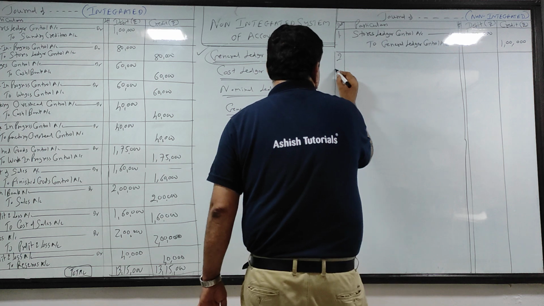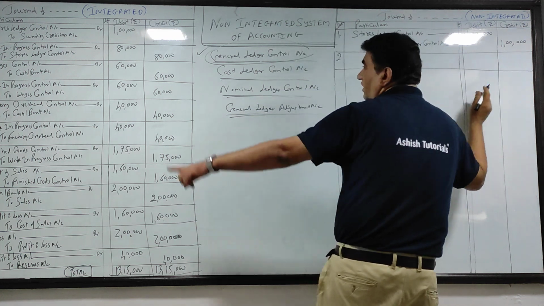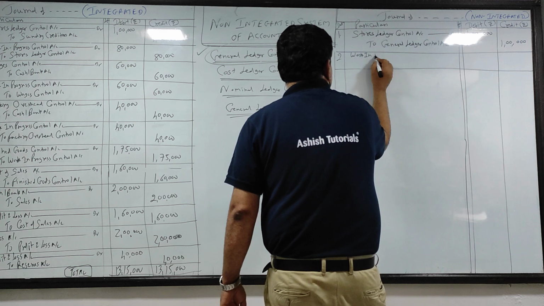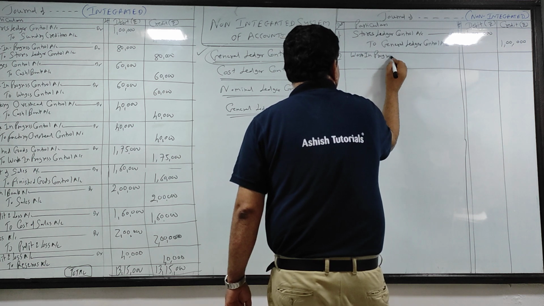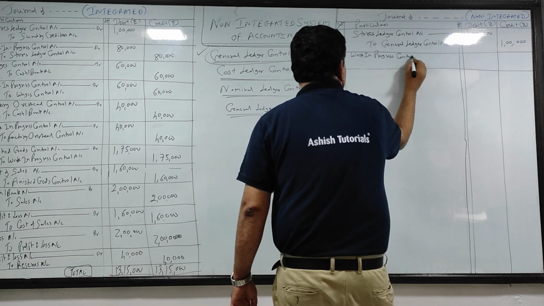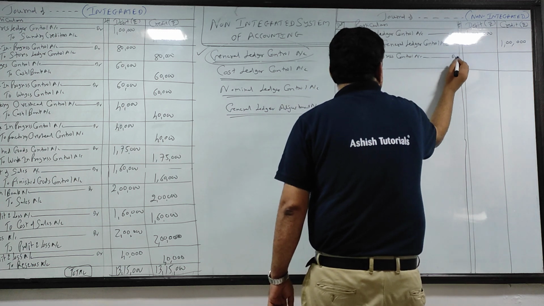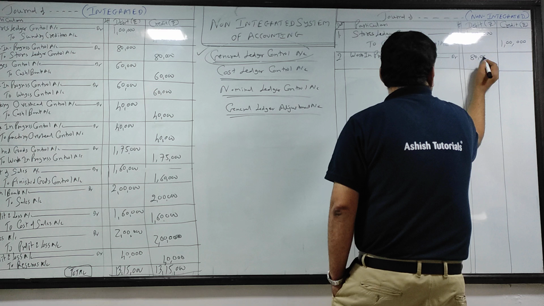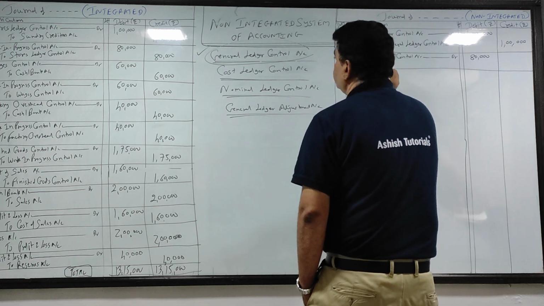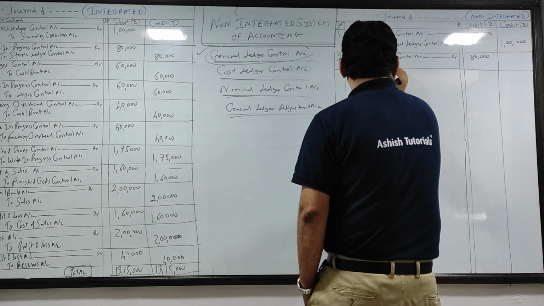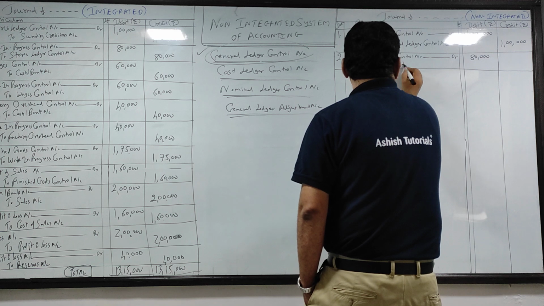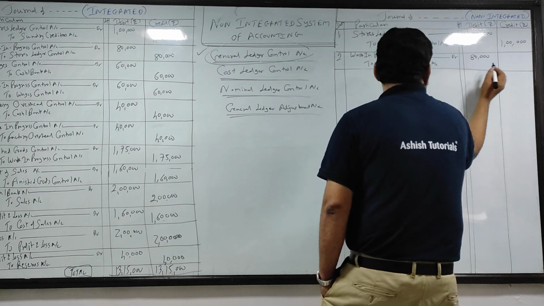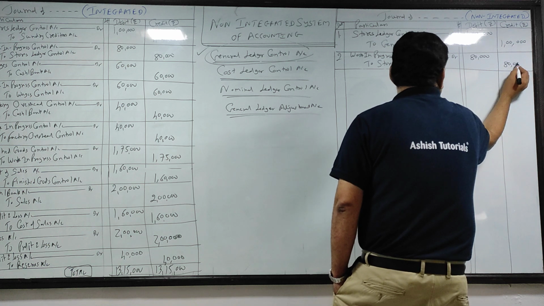Okay, so my second entry will be the same: work in progress control account debit, that is 80,000 to store ledger control account 80,000.